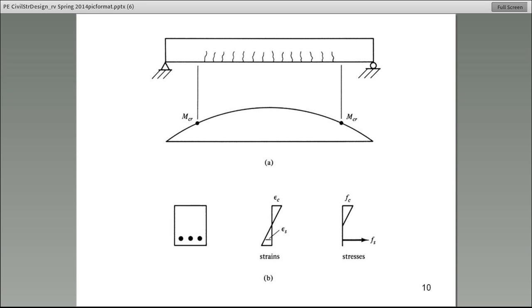Basically, remember I told you the first stage is uncracked? Well, look at the moment diagram that I showed you last week, how to calculate it. For the values that are equal to the MCR, that's the cracking moment, and anything higher than that, that region of the beam has cracks.